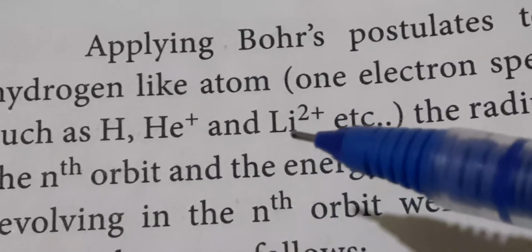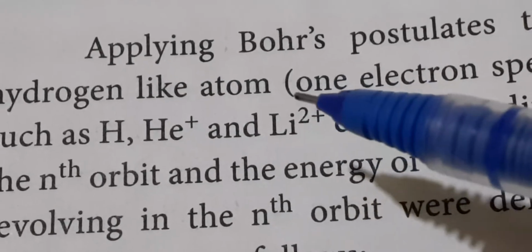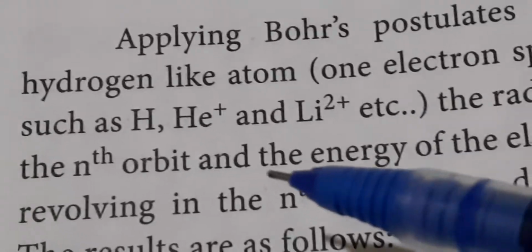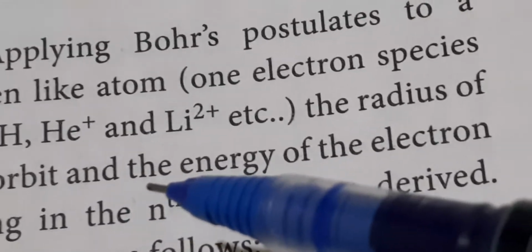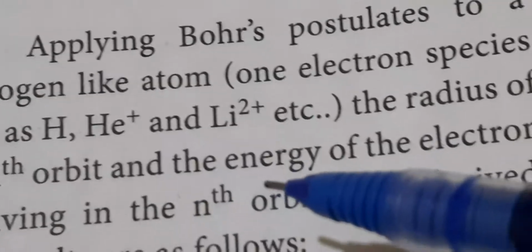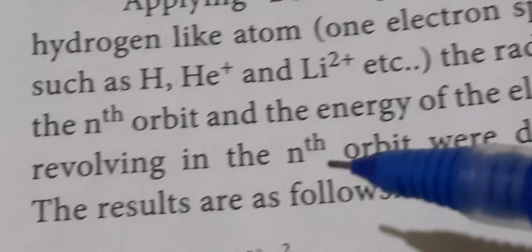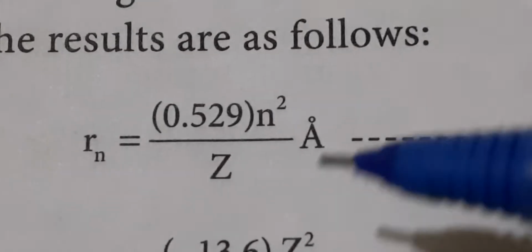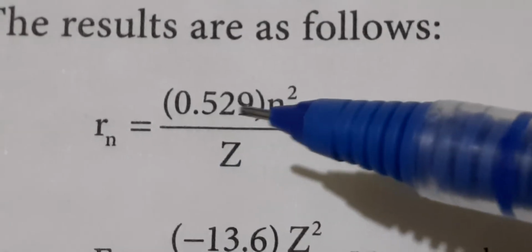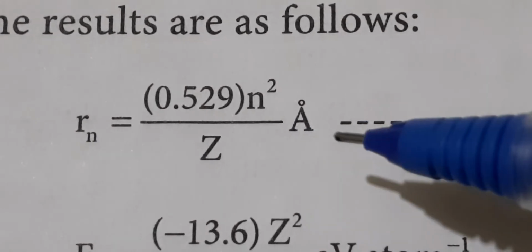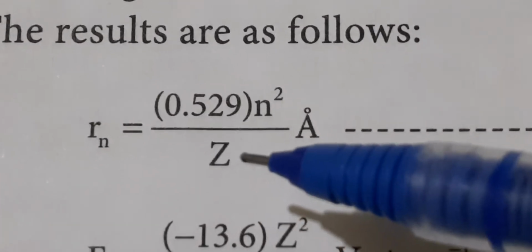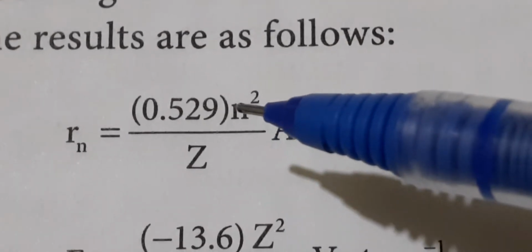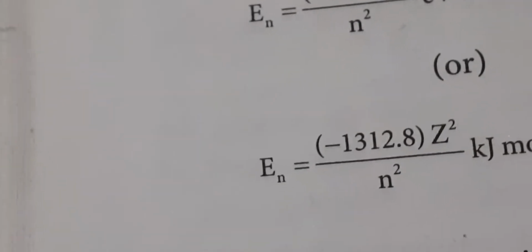For this type of atoms with one electron, he found out the radius of the orbital and also the energy of the electron revolving in the nth orbital. So the radius Rn is equal to 0.529 n square by Z angstrom, the radius of the atoms having single electron like hydrogen, helium plus ion and lithium 2 plus ion.